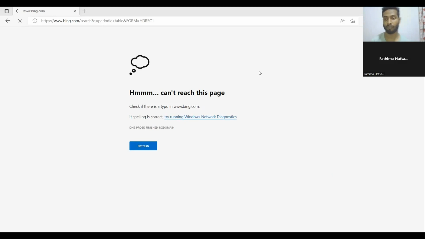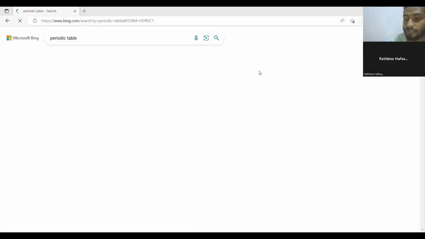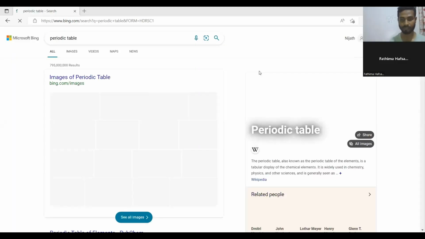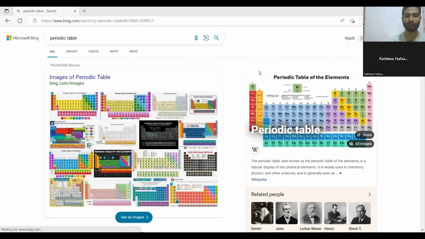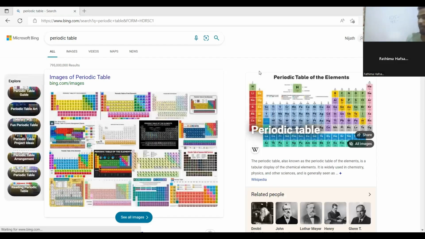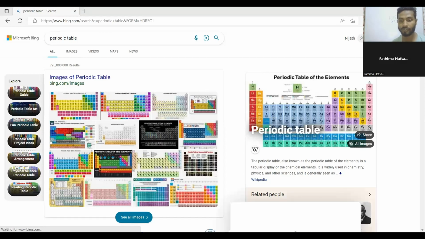Now we are going to study the 20 elements. Can you say the 20 elements? I think you might have studied in grade 9 the first 20 elements of the periodic table. Did you study the 20 elements? Or can you please say the 20 elements?